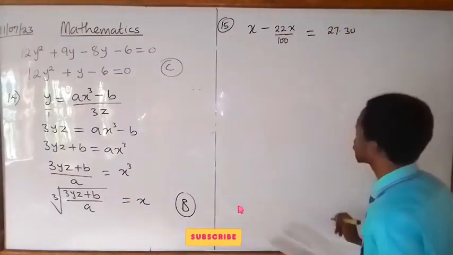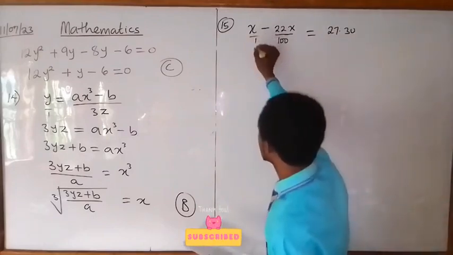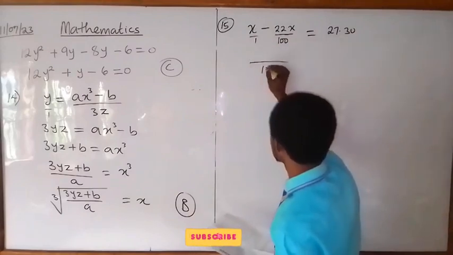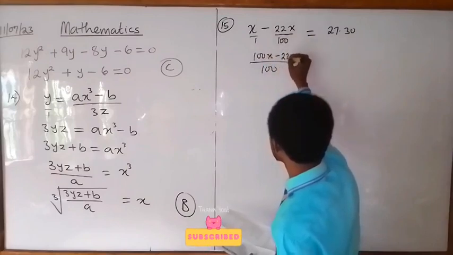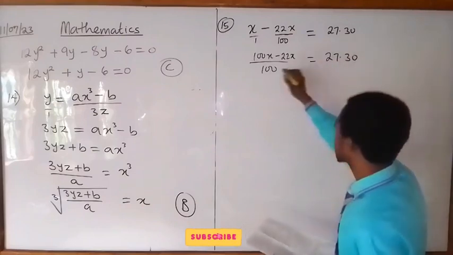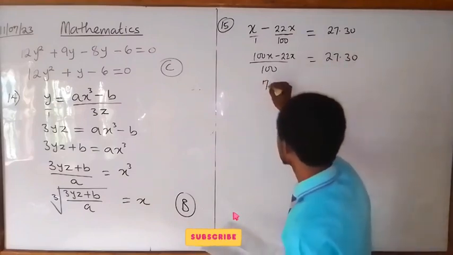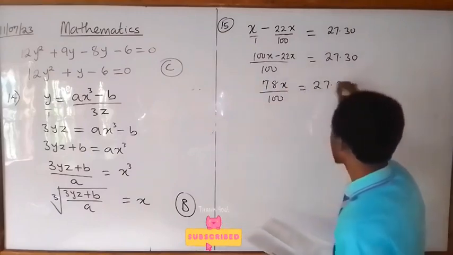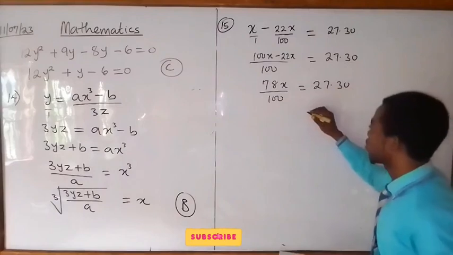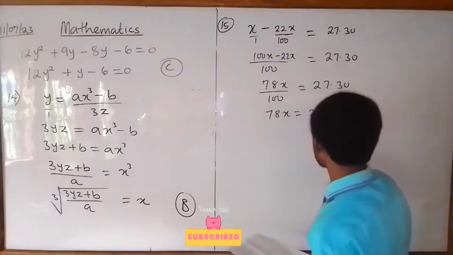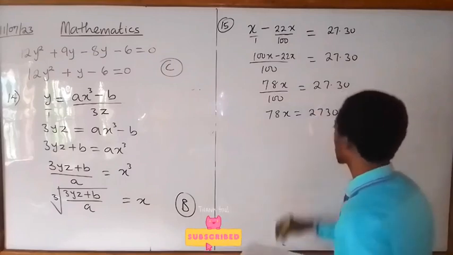By the time we solve this equation, when we bring this together as one, the LCM is 100, and that's 100x minus 22x equals 27.30. Subtracting gives us 78x equals 27.30. Cross multiplying, this will be 78x equals 2730.